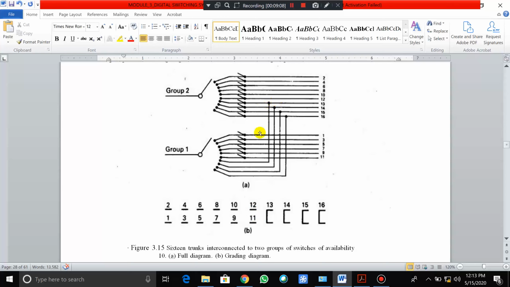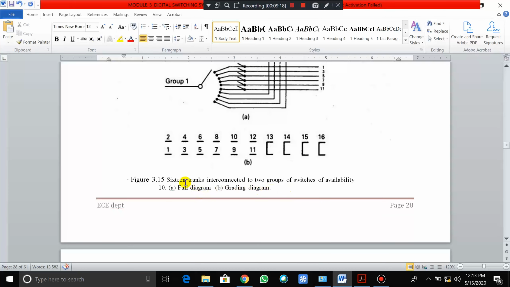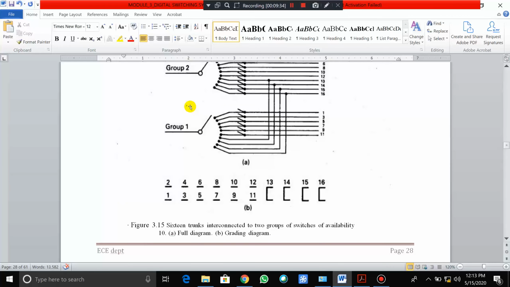Here at 13 we have a crosspoint, so as that is multiplied, it will have 13, 14, 15 and 16. So now 16 trunks are interconnected to two groups of switches of availability. Diagram A shows the full diagram. Diagram B is the grading diagram.